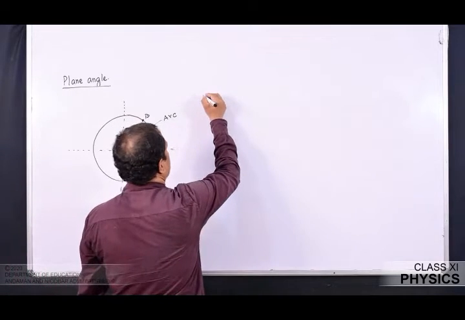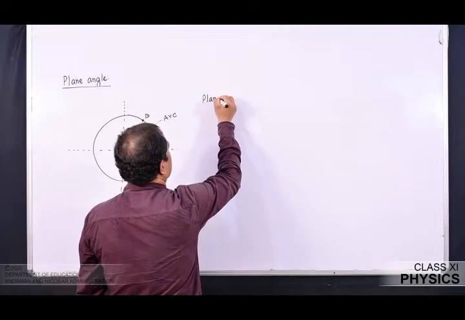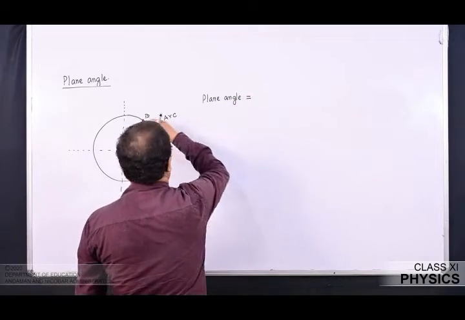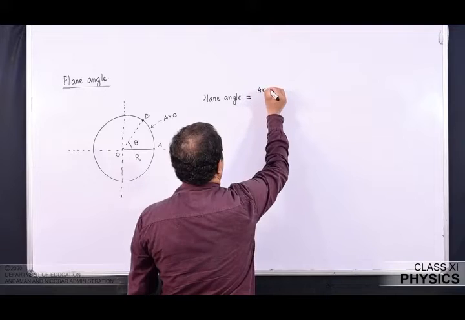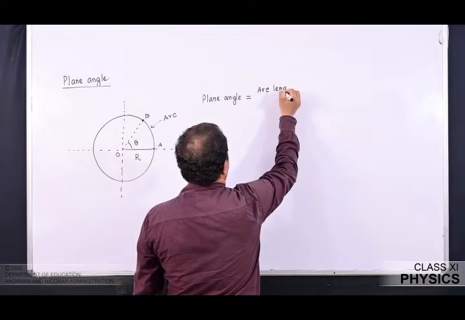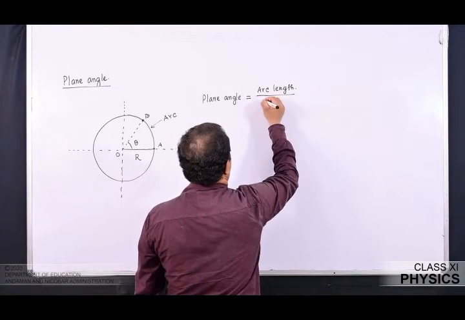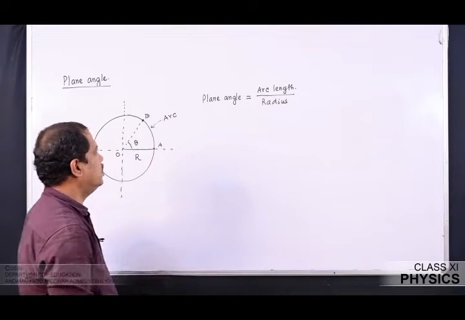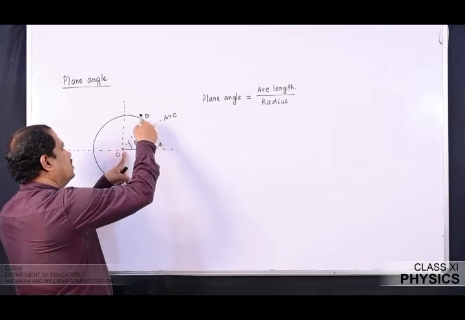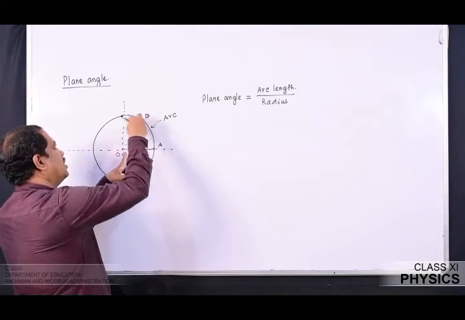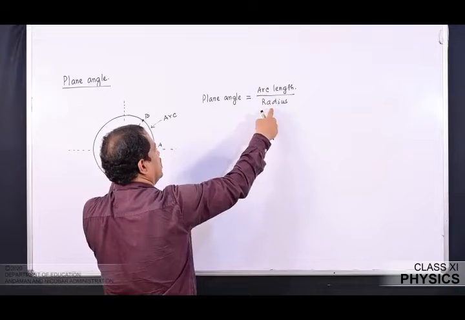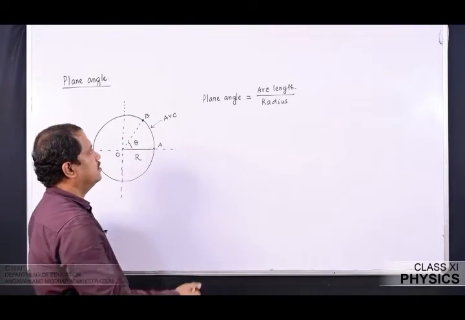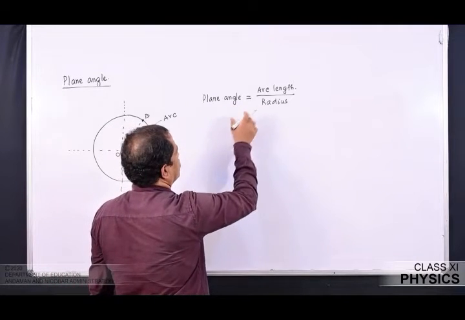So, it is very simple: plane angle is equal to arc length over radius. So, please see, as the particle keeps moving, the arc length goes on increasing and the radius is constant. So, theta is going to increase.